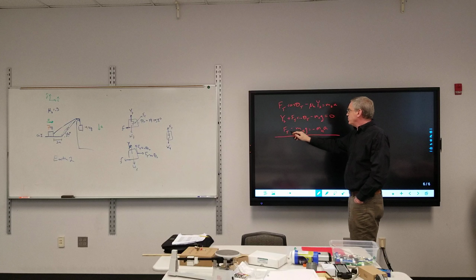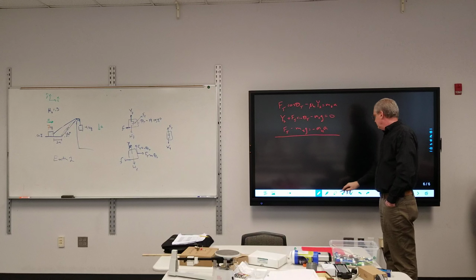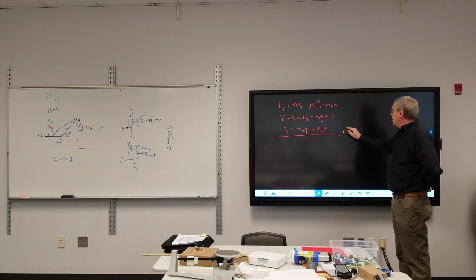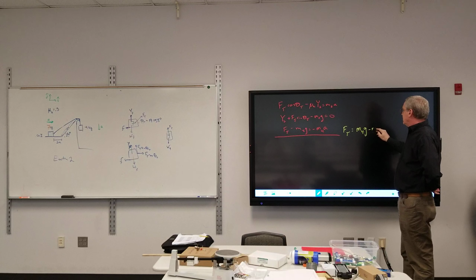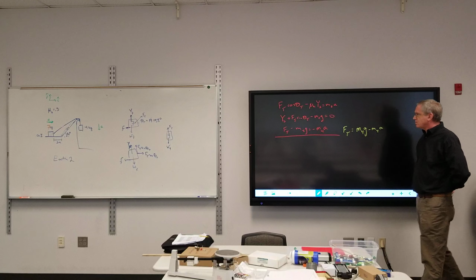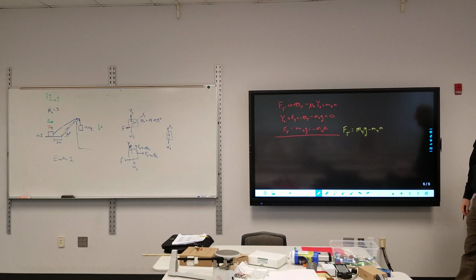All right, so from this equation, we can solve for the tension. So the tension is equal to M4G minus M4A. I know G, little g, is going to be bigger than the acceleration because it's not going to accelerate faster than it would just under the force due to gravity.